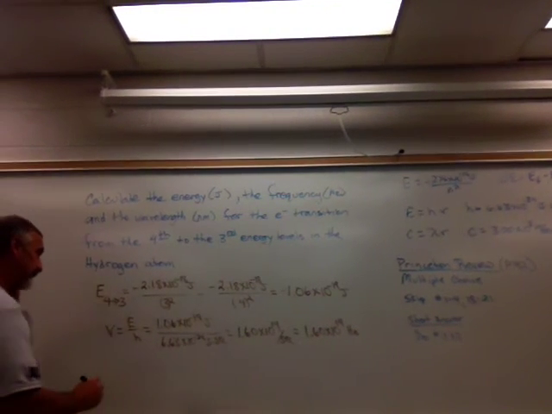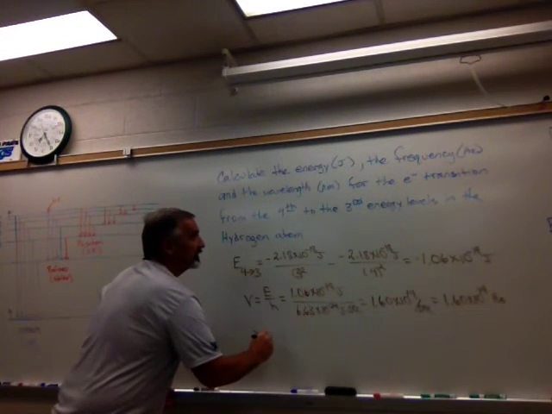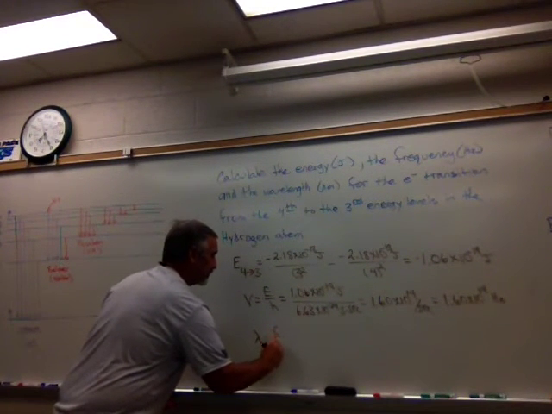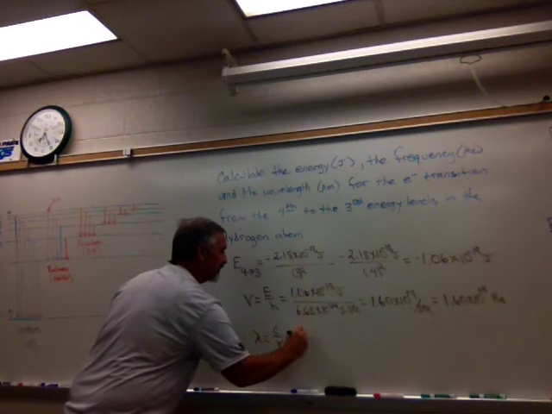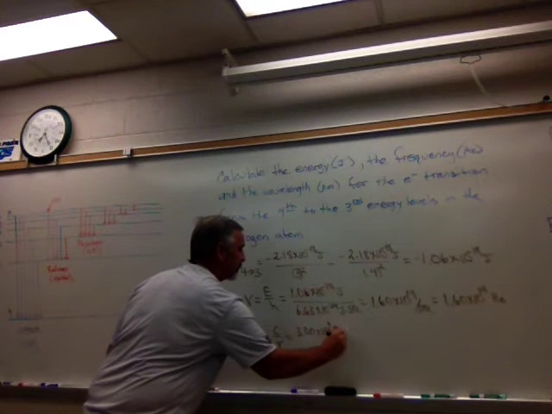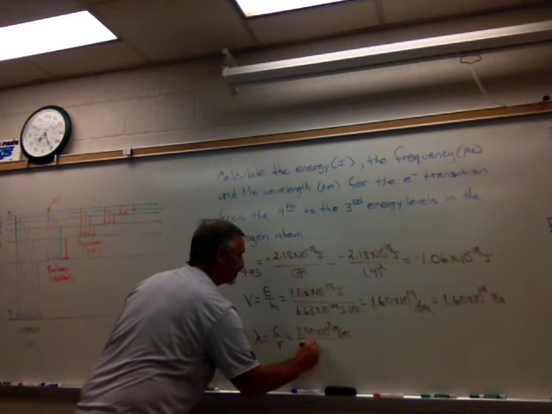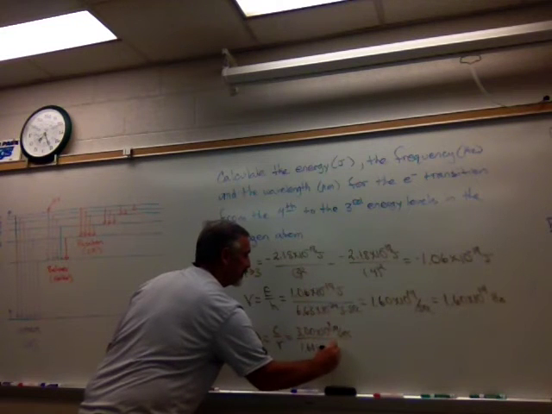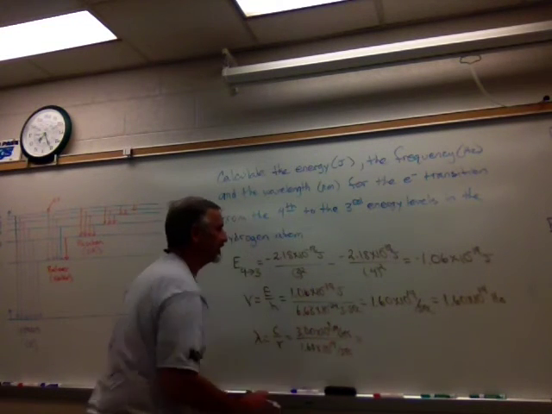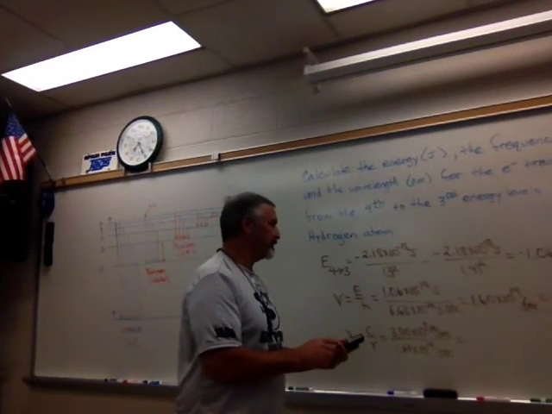Now to get the wavelength, it's going to equal c over nu. c being the speed of light, 3.00 times 10 to the 8th meters per second, divided by the frequency. Now we just calculated 1.60 times 10 to the 14th per second, which leaves us with the unit of meters.